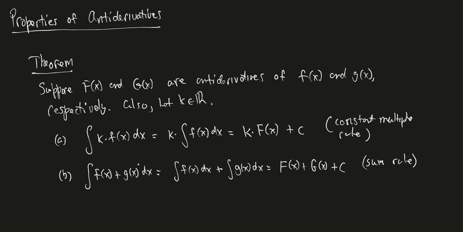And then similarly, I could simply change that plus sign to a minus sign. We'll change these three plus signs to minus signs, and then we will have the difference rule. So let me write that down.